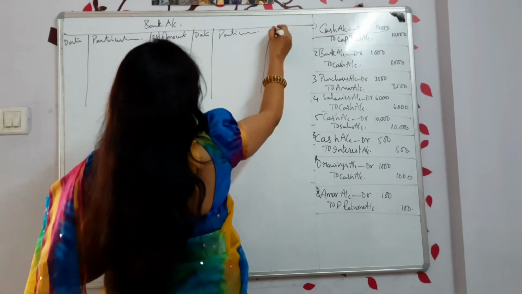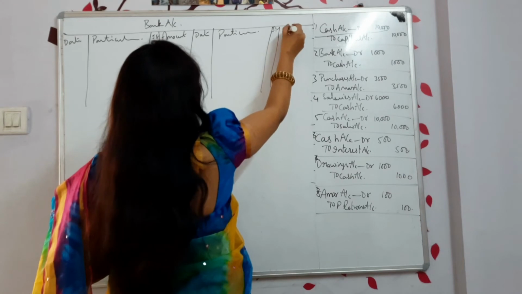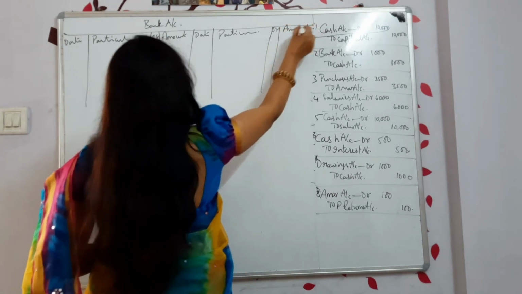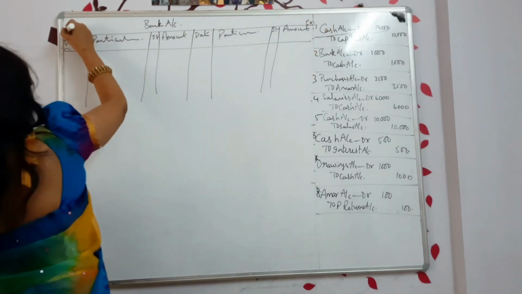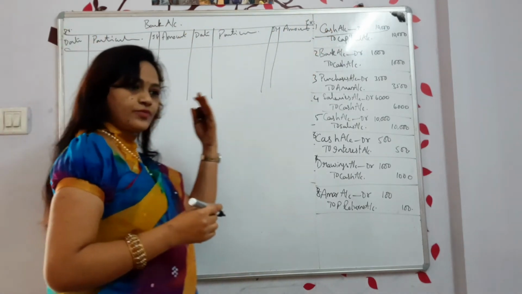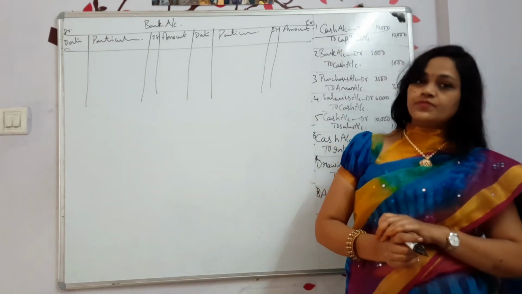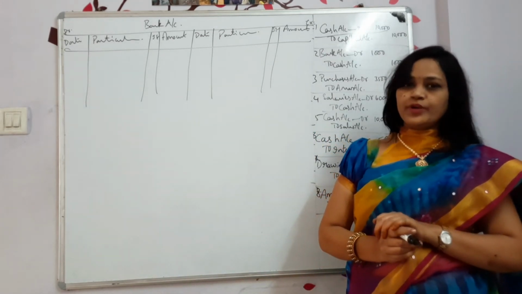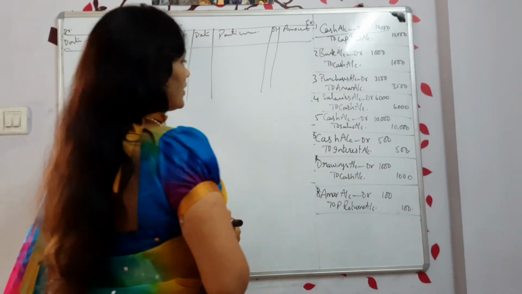So you should not panic about which column will come and how many columns. Better practice with the same type of papers. In the exams, if you get white pages, start working on the white pages only. If you have ruled pages, please follow that only. Last moment, don't panic. Got it?